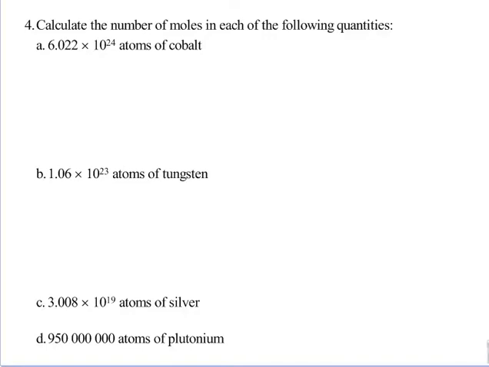But if we look at number 4, I'm going to do a couple of quick examples for you. Anytime you do dimension analysis, you write down what's given. And you should be writing along with me until you really get to understand how to do these well. Atoms of cobalt, which is Co. The reason atoms to moles is so simple is because you do not need to look up the molar mass on the periodic table.